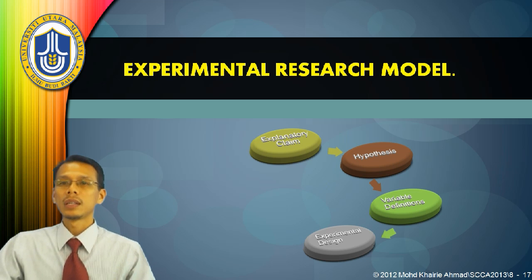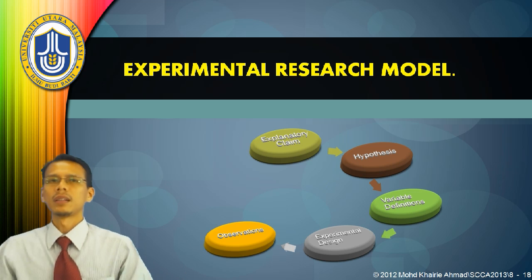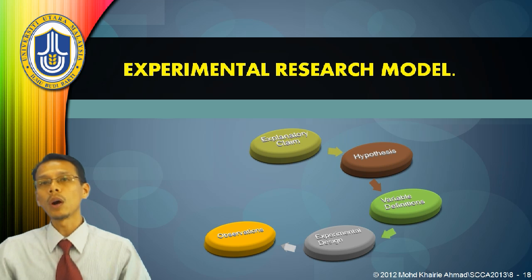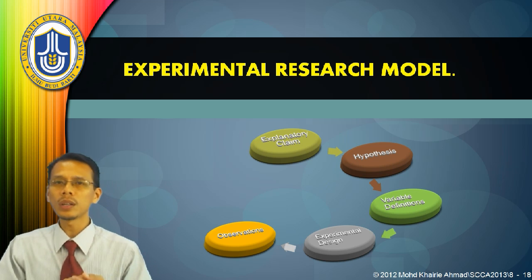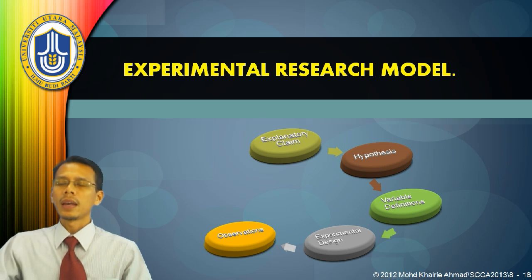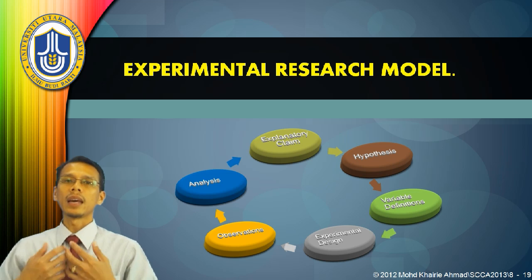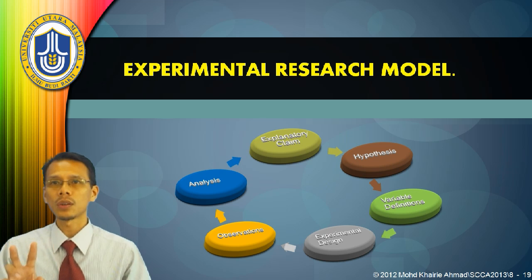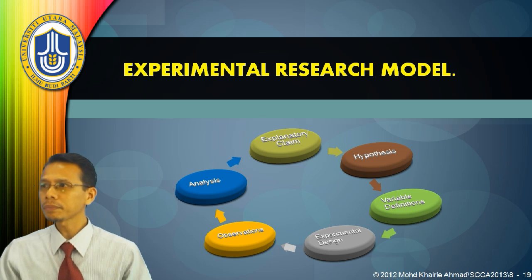This is what we call the design of the experiment. Later, when we impose our variables and do observation, as I mentioned just now, we do the coding and so on, and we take a record of the data. Later on we will analyze it and produce a report. So this is the whole process of the experimental research model.